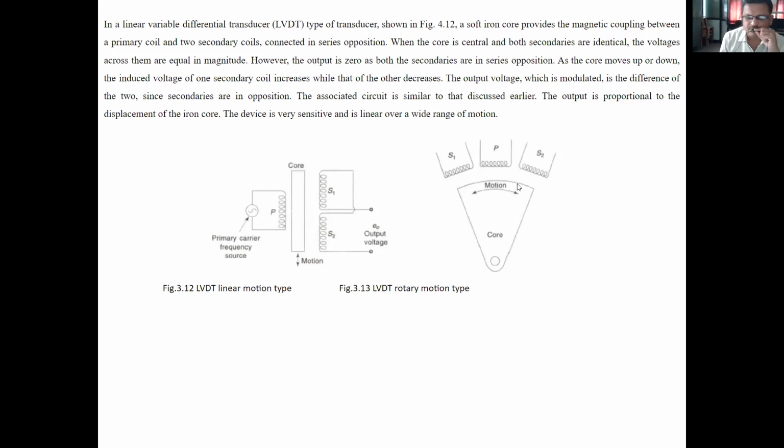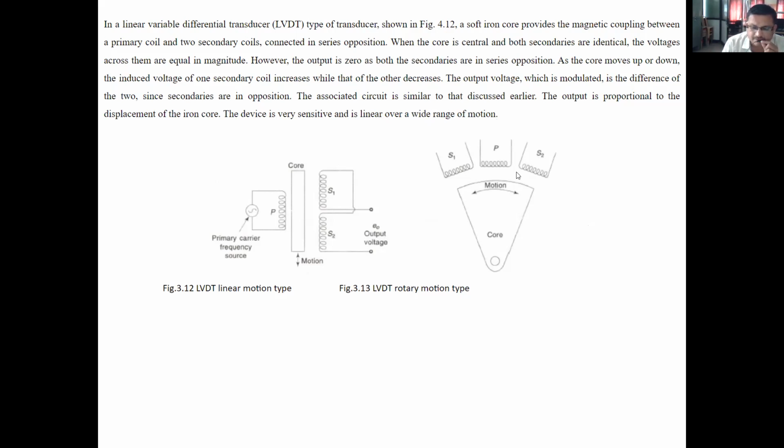This is LVDT for rotary motion type. Again, this is the iron core. It can rotate, rotational motion. Two secondary windings are there, S1 and S2, and one primary winding. Now, when this core rotates clockwise, the maximum portion of this iron core will be in front of the secondary winding S2.